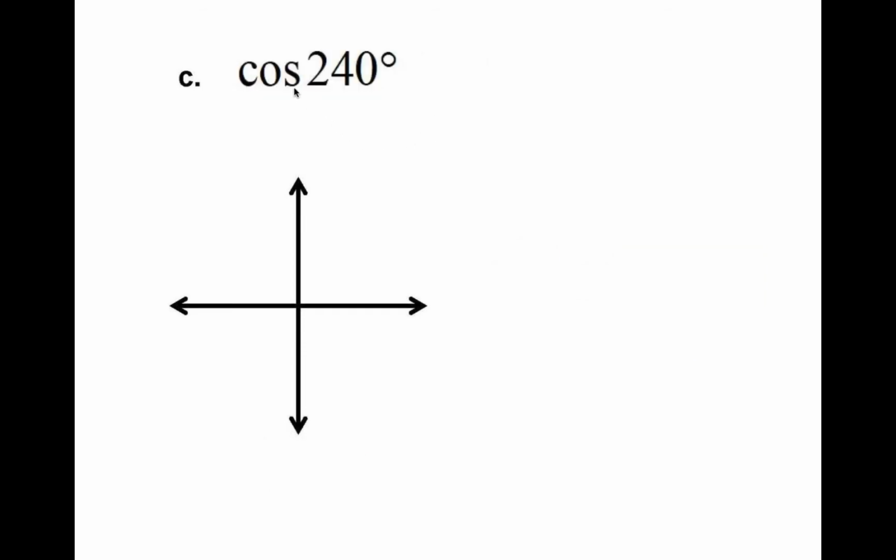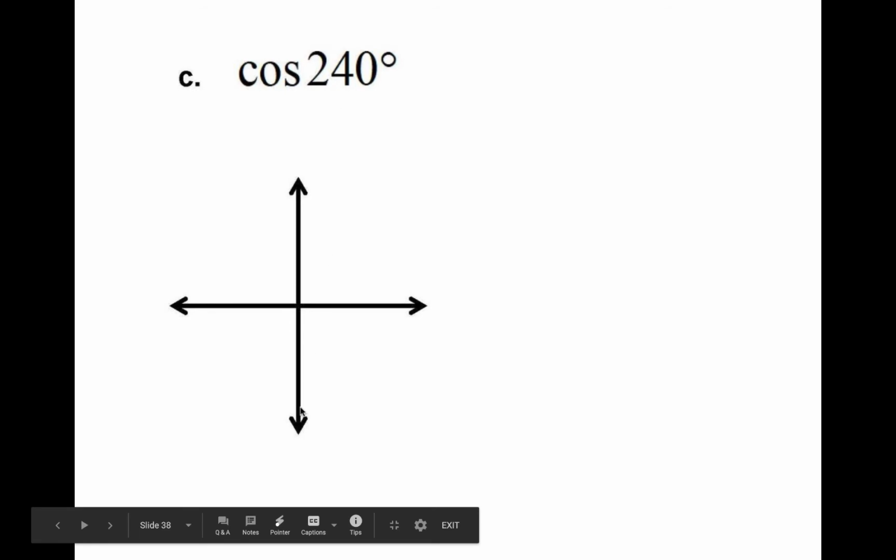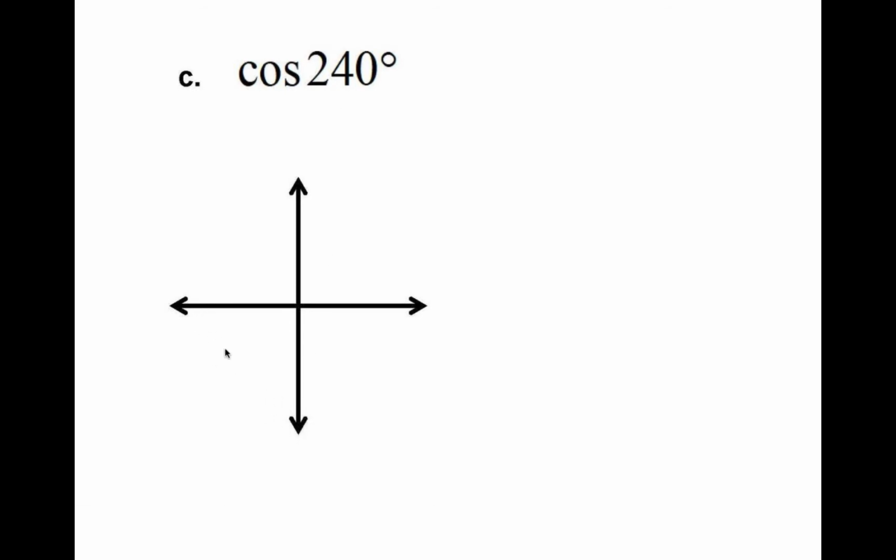For C, cosine 240, you have 90, 180, 270. Notice 240 is less than 270, so this is not going to be a point. It's between 180 and 270, so it's going to be here. If this angle's 240 degrees, notice this goes past 180 degrees by 60 degrees.